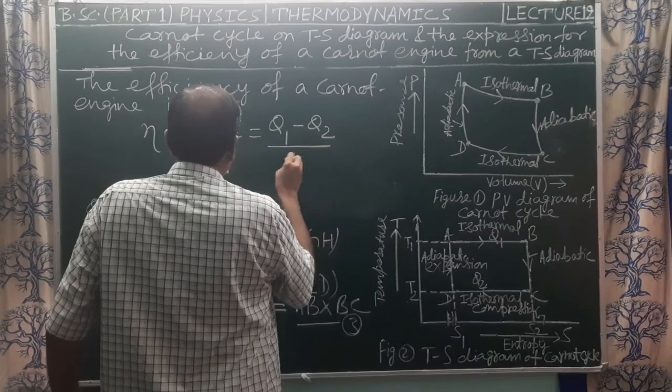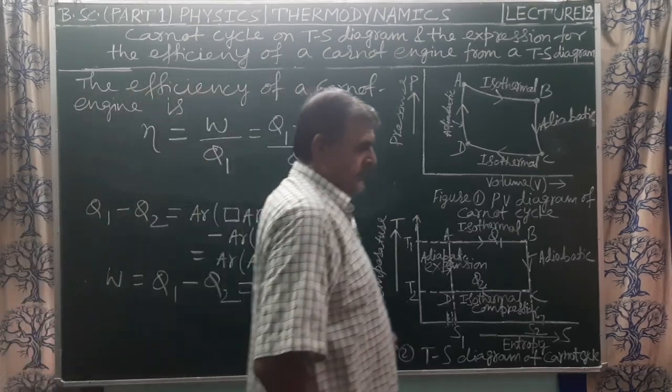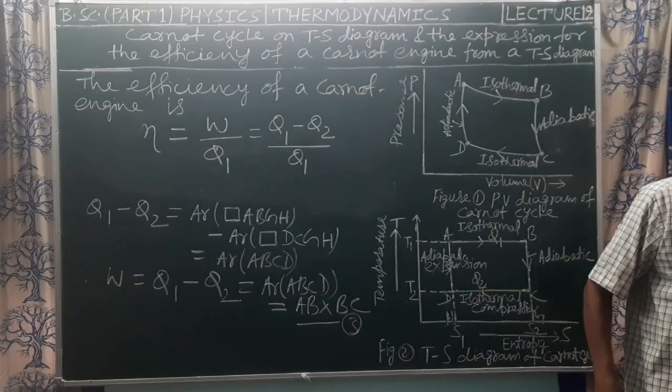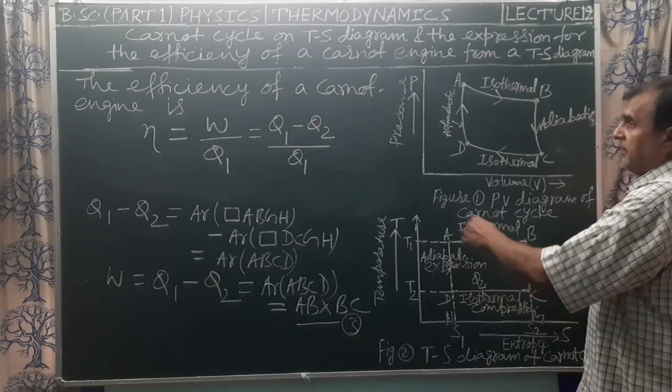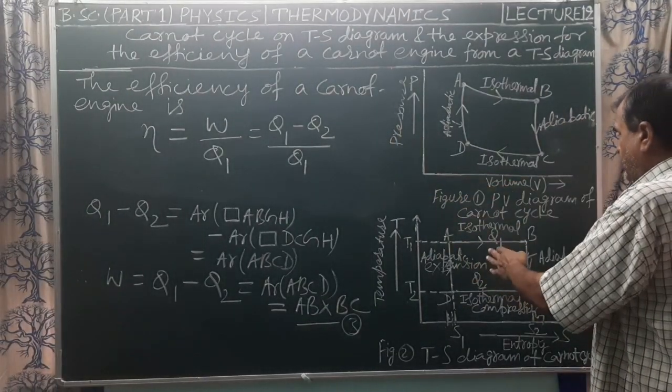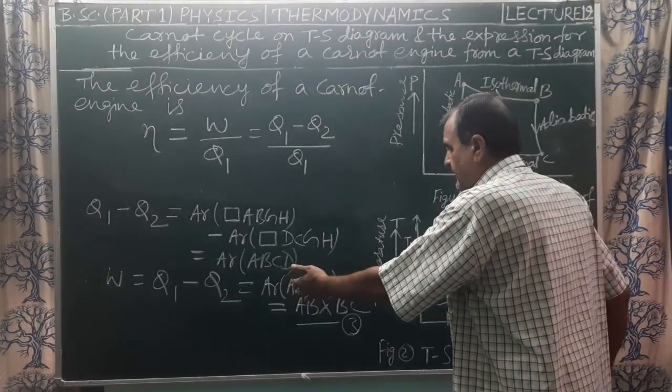Q1 minus Q2 is equal to the work done, and this represents the area of the rectangle ABCD.